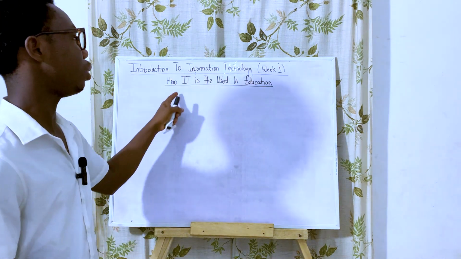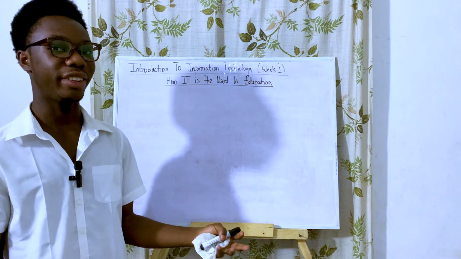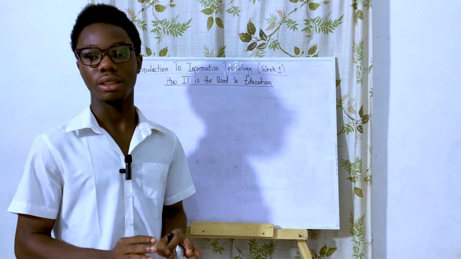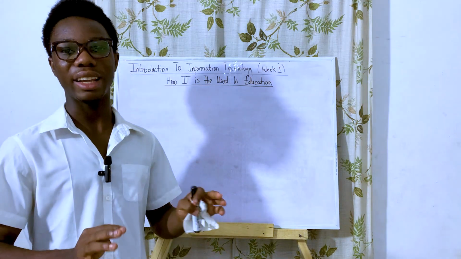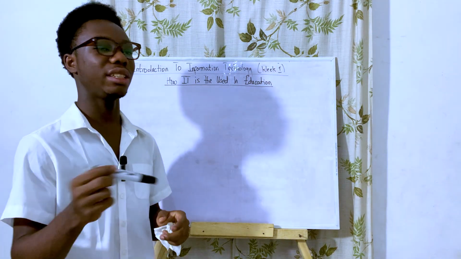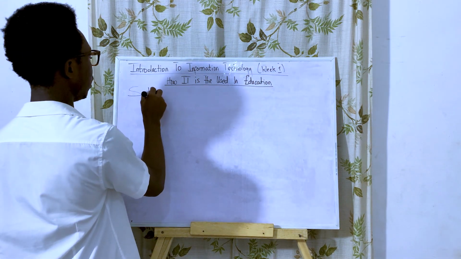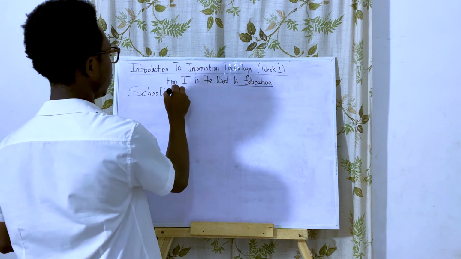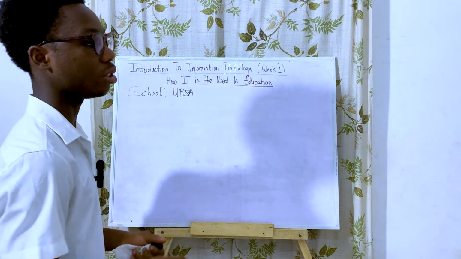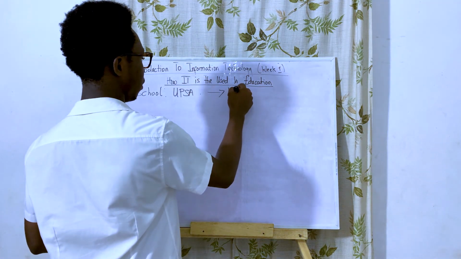Now, we move to how IT is used in education. We are all in the university, right? We use IT in everything. So in the education sector, 99% of schools have access to internet. So let's take UPSA for instance. The school is UPSA. Now, on campus, we have Wi-Fi, right?